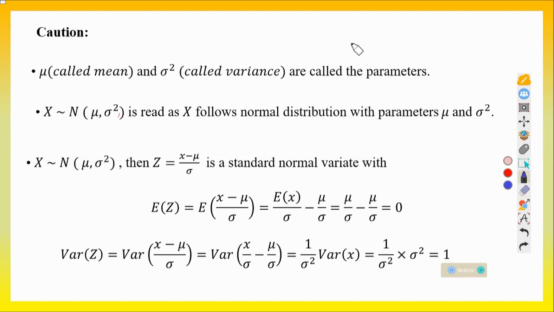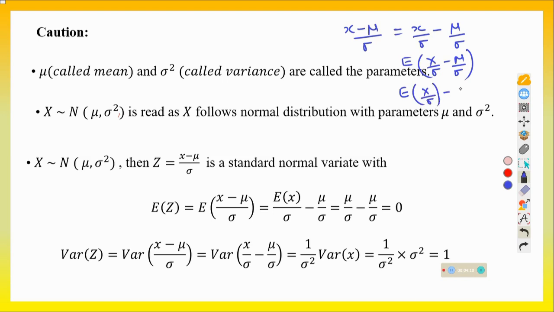So if you have x minus mu over standard deviation, you can split this into x over standard deviation minus mu over standard deviation. When you take the expectation of x over standard deviation minus mu over standard deviation, you have E of x over sigma minus E of mu over sigma. Remember, sigma is a constant, and only x is the variable.